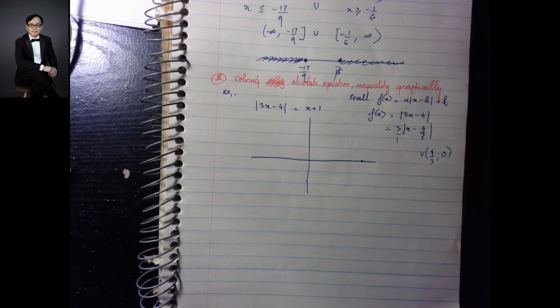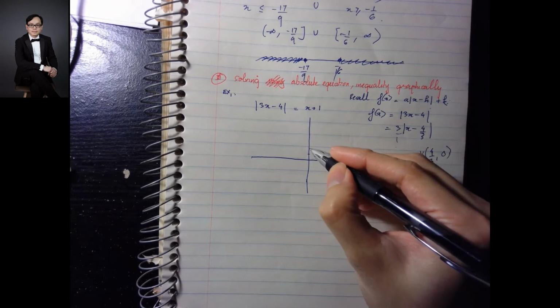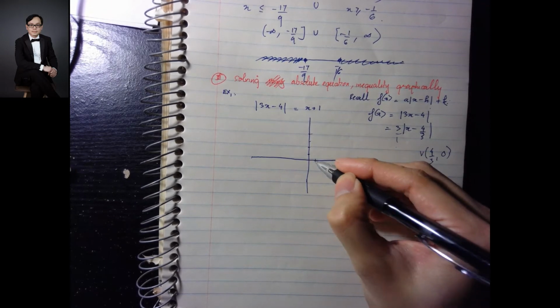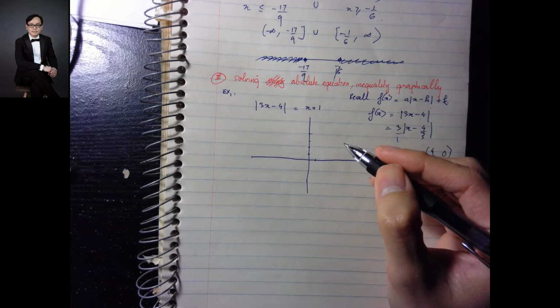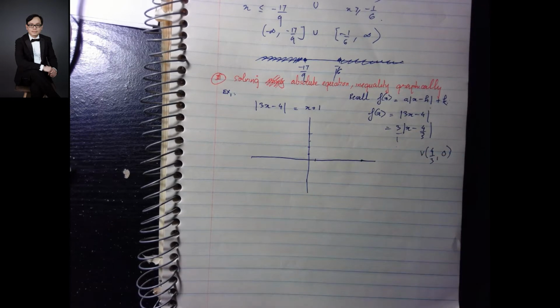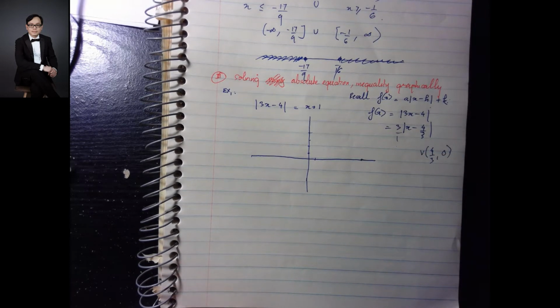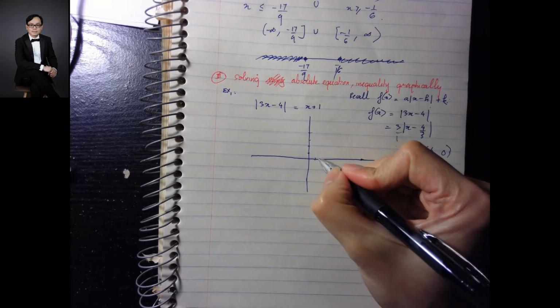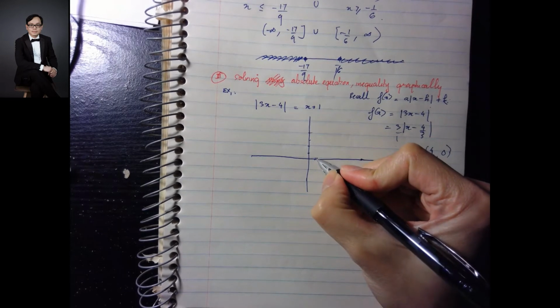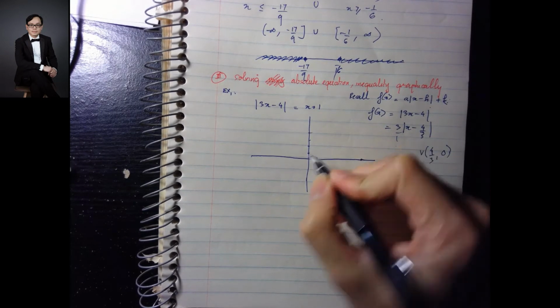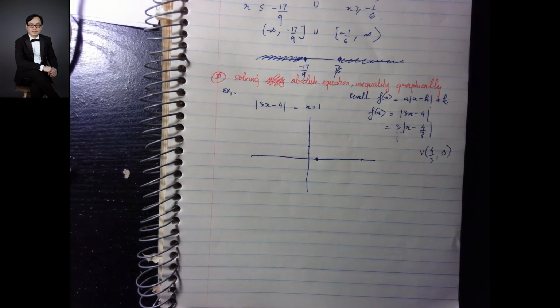4 over 3 is about 1.333. So 1 here, 1.3 over here. So the vertex is right here. And I know the slope is positive, so the V shape will open up.